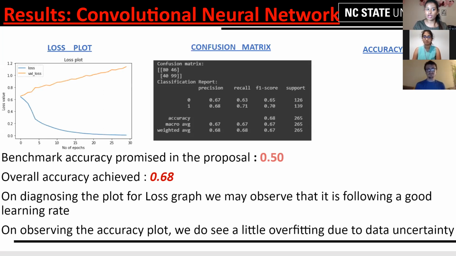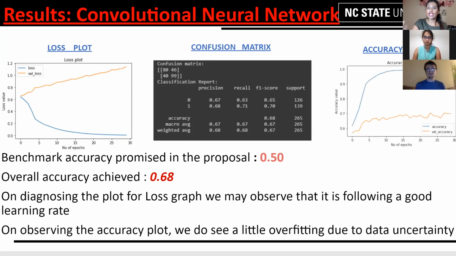Whenever the validation loss seemed to plateau, we decreased the learning rate. We can see that the validation loss keeps increasing, which was not desired. The accuracy graph shows that the validation accuracy and the training accuracy have a very large gap between them, which means that our model has been overfitting at some point.